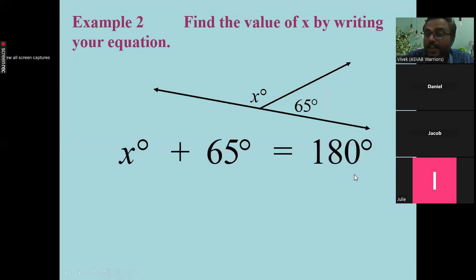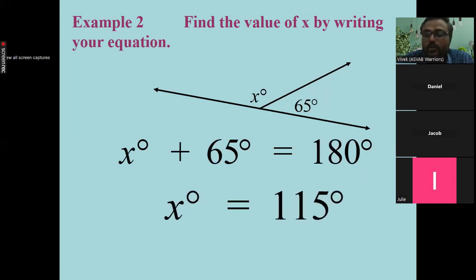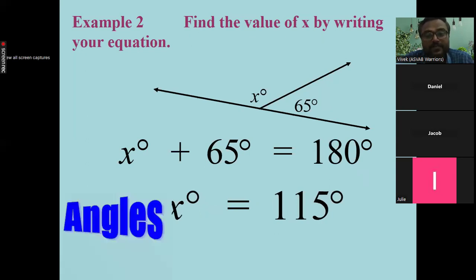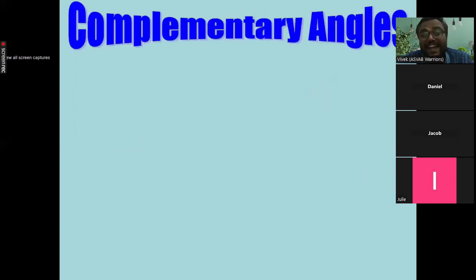So let's say x degrees plus 65 degrees is going to be equal to 180 degrees. If you subtract 65 from both the sides, what would we get? We would get x equals 115 degrees. Now, complementary angles. What was a supplementary angle?